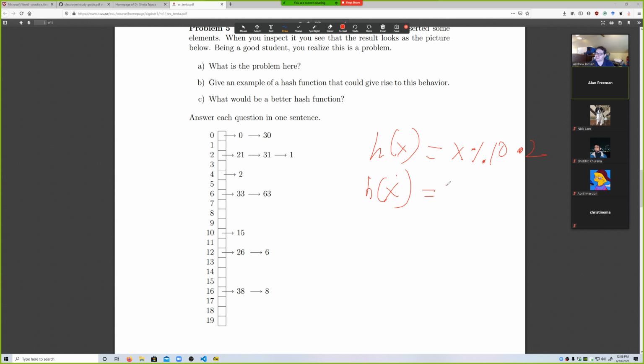What's a better hash function here? X mod 10, just by itself? No, we'd still get into the same issue where we have a hash table of size 20 and we're using only half the spots. I'd go with x mod 19 because we're modding by a prime number, and we'd only be missing out on one spot. Yep.